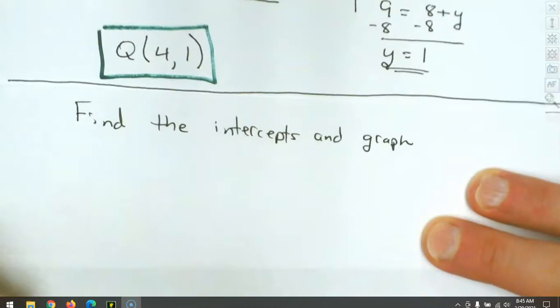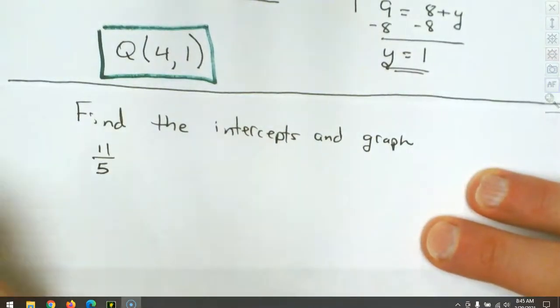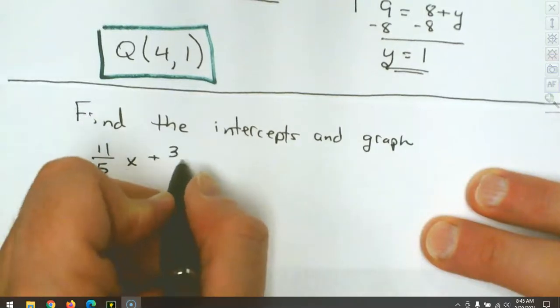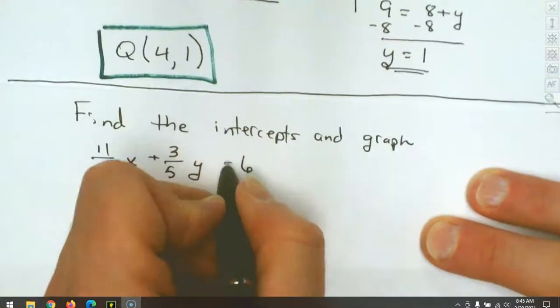So our original equation is 11/5 x plus 3/5 y equals 6 here.